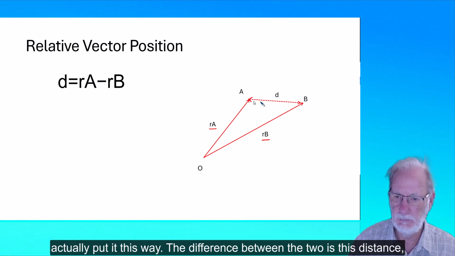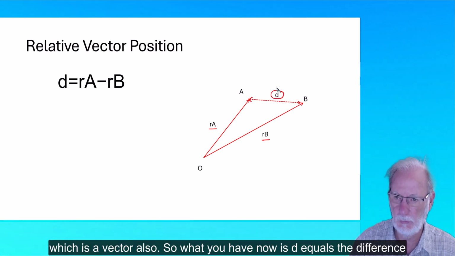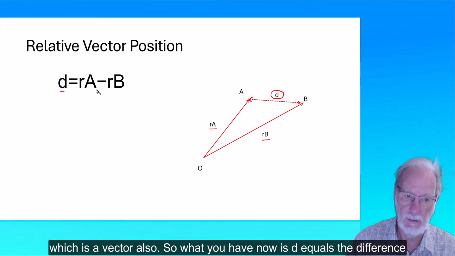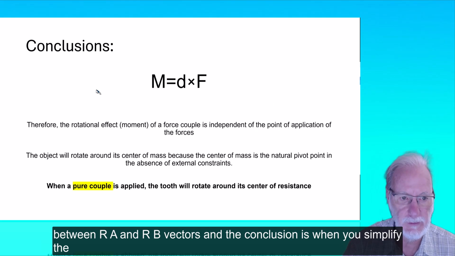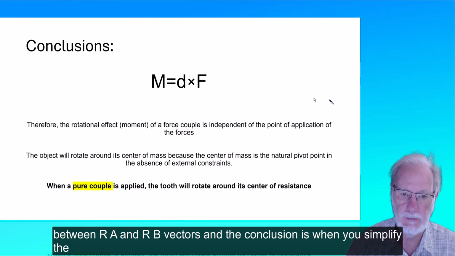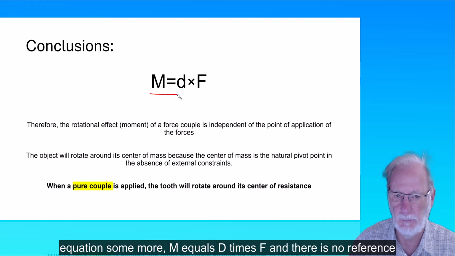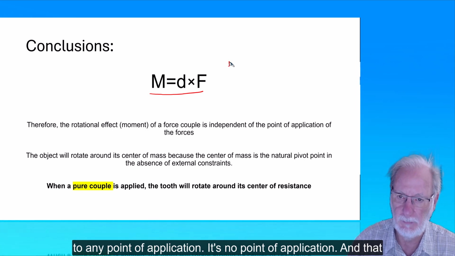The difference between the two is this distance, which is a vector also. So what you have now is D equals the difference between the RA and RB vectors. And the conclusion is, when you simplify the equation some more, M equals D times F, and there is no reference to any point of application.